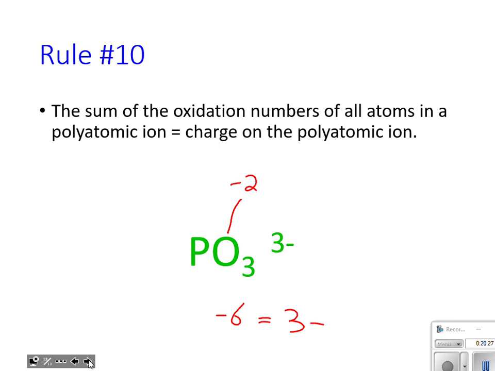What completes my equation? +3, right? As I'm looking at this, I only have 1 phosphorus, so in that case, phosphorus is going to be +3, and oxygen is going to be -2.